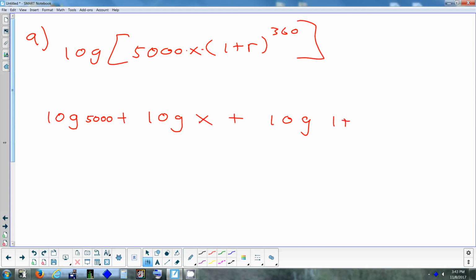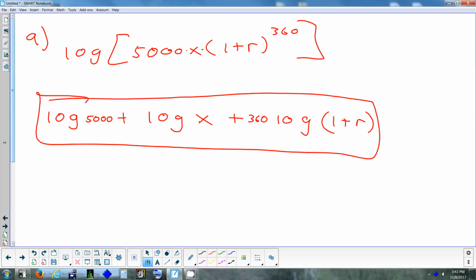Yep, so it would be 1 plus r, and the exponent would have been 360, but where are you going to put that? In front. Yep. And that's it. That's all you can really do with that.